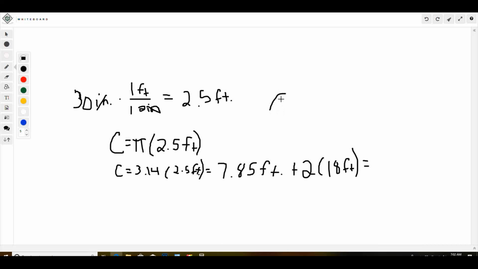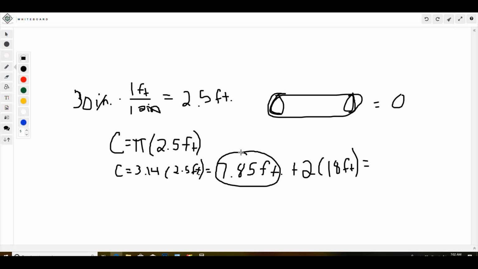Because if you have a circle here and a circle here, and the belting goes around this way, it only covers half this circle and half this circle, which equals one whole circle. So the circumference of one whole circle is this.